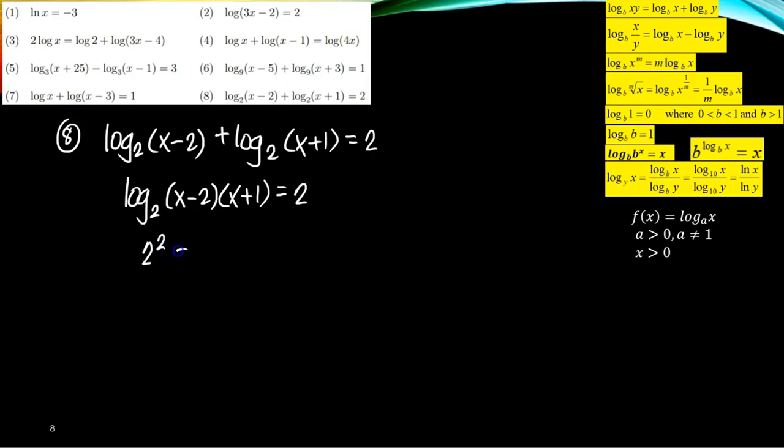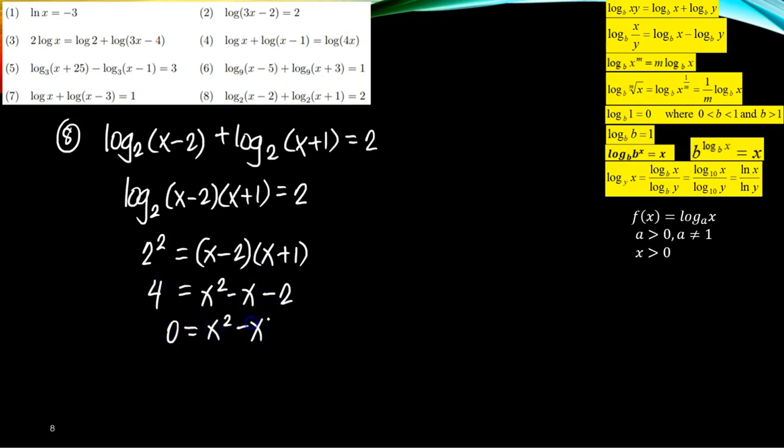That becomes 2 squared is equal to x minus 2 and x plus 1. That becomes 0 is equal to x squared minus x minus 6. So x minus 3 and x plus 2 is 0.